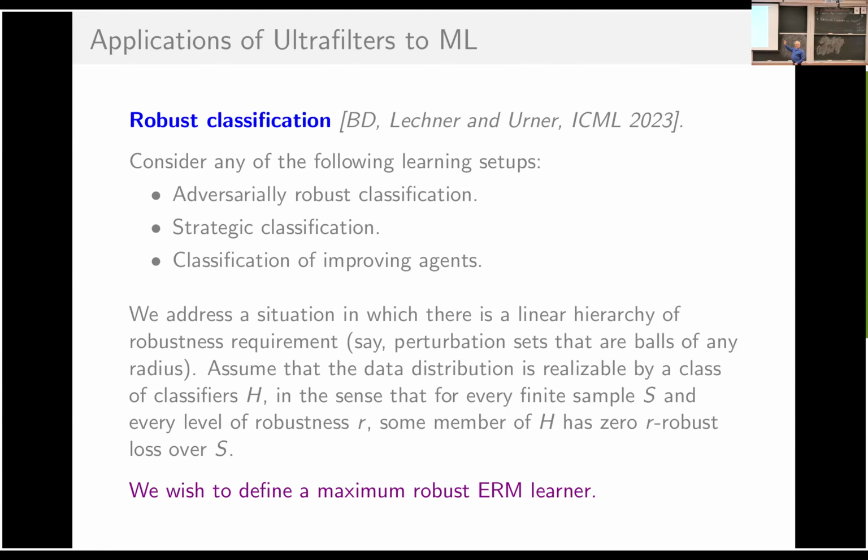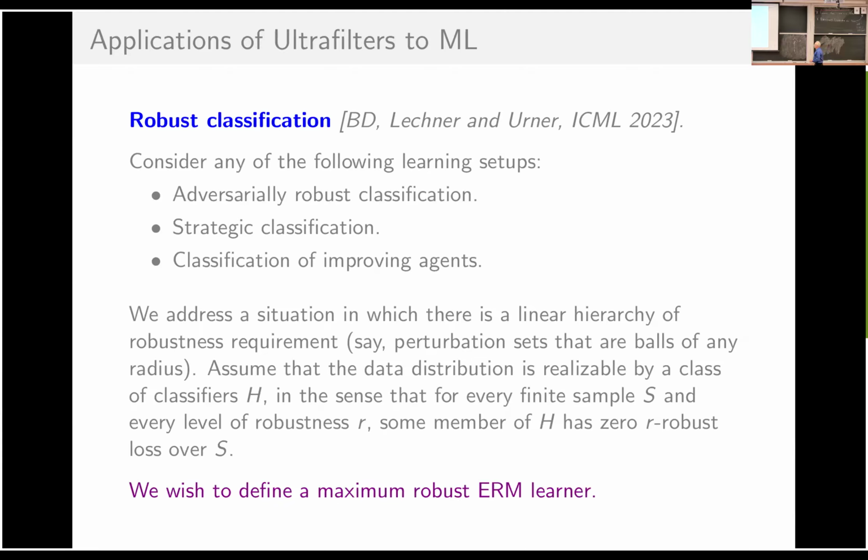Or classification with improving agents, where the agents say, I have a classification, who will get to university and who will not. In strategic classification, someone can maybe fake their marks. In improving agents, he will learn very hard and then he will be qualified.